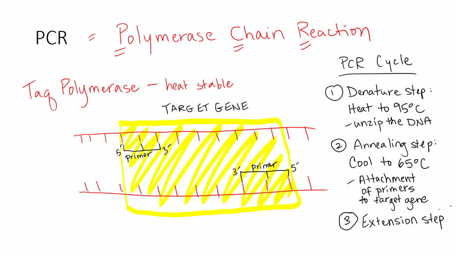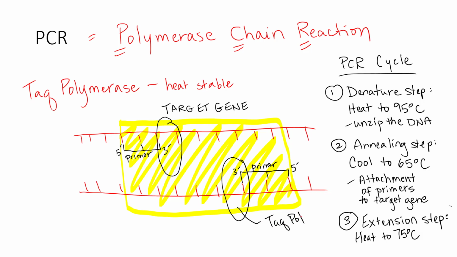And so what happens here is you slowly heat to maybe 75 degrees or so. And what that's going to do is that heating is going to speed up the process of DNA replication. So you're going to get this DNA polymerase, this Taq polymerase. We call him Taq polymerase, but he's a DNA polymerase.